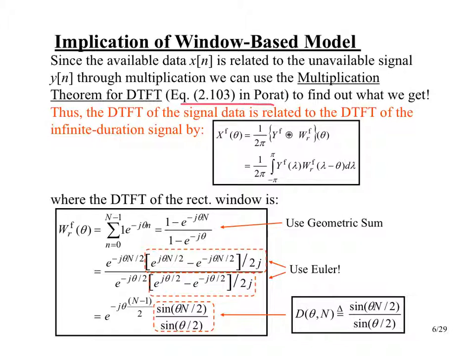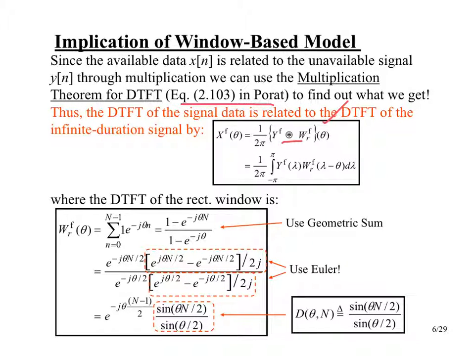Multiplication in the time domain corresponds to convolution in the frequency domain, and because the DTFT is periodic, it's really a circular convolution. That's what I'm indicating here with that symbol. And you'll notice this notation. Peratt is a stickler for precision, and that's really why I like the book.